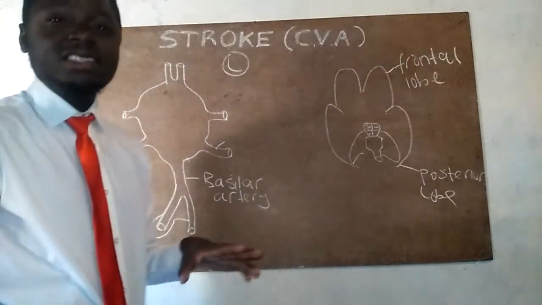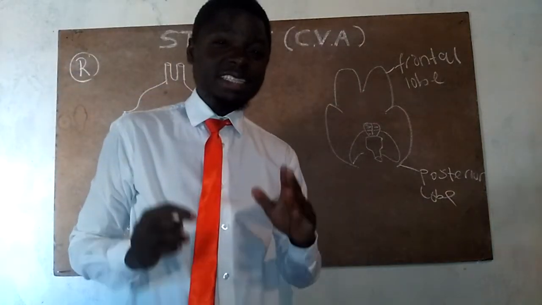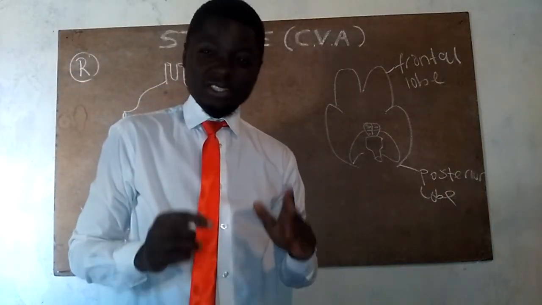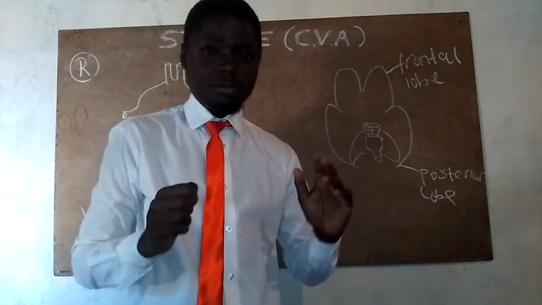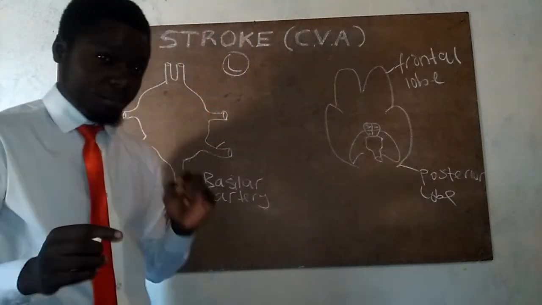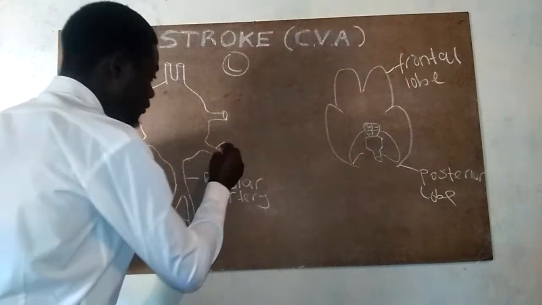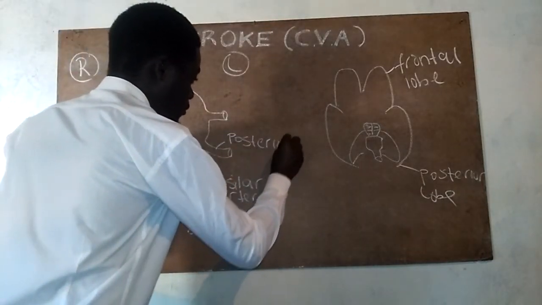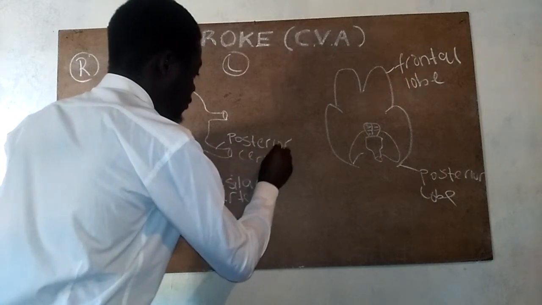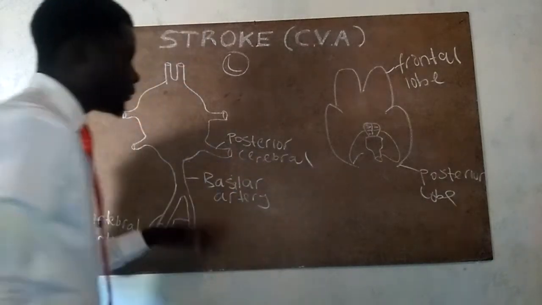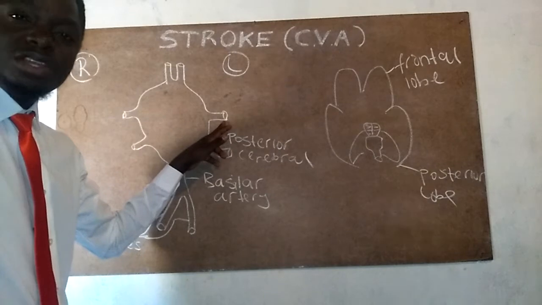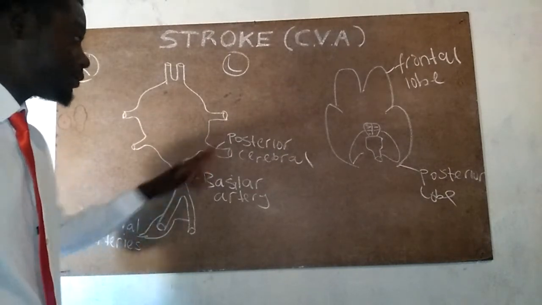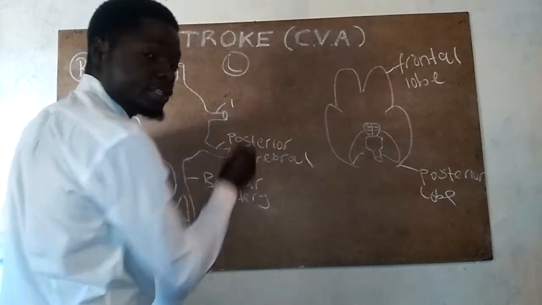Since all of these arteries supply the brain, it is very important to refer to them as cerebral arteries. So there is going to be the posterior cerebral artery, and there is going to be the middle cerebral artery because it's in the middle.